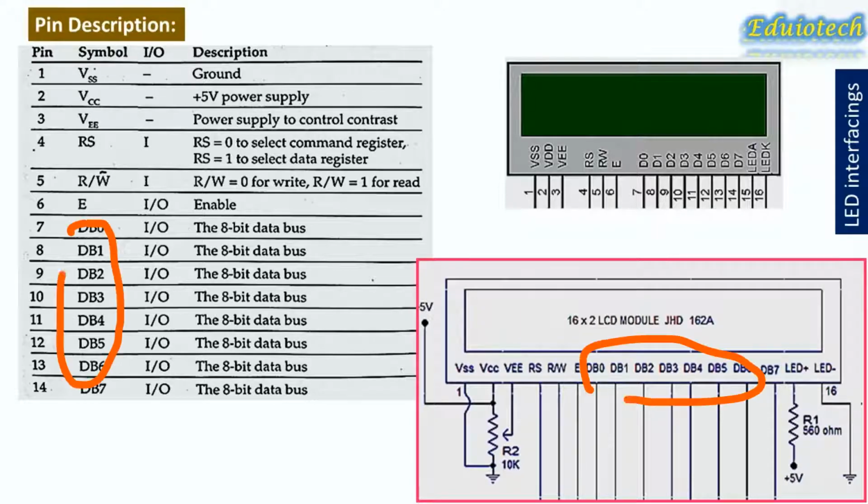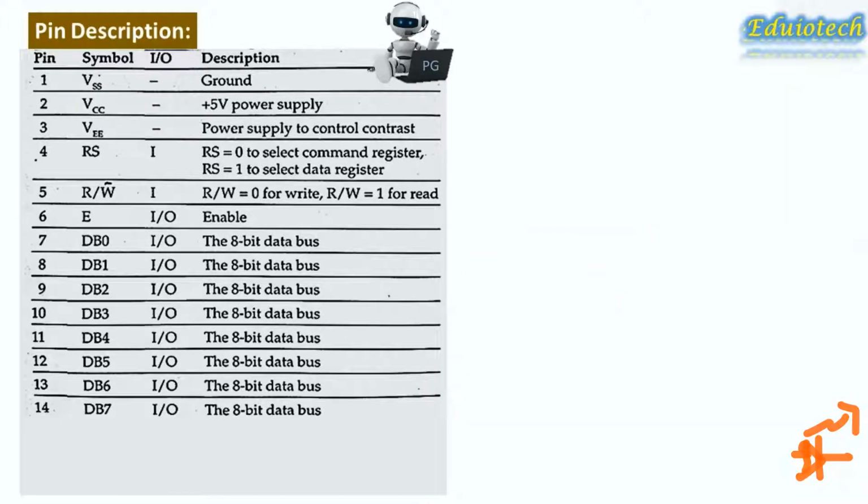These DB0 to DB7 are the data pins for giving the data, that is normal data like numbers, characters or command data which need to be given to the LCD. Pin number 15 and 16 are given VCC and ground respectively. One LED is connected in between these two pins for the backlight of LCD. For more details about the 16x2 LCD, you may refer to the datasheet.